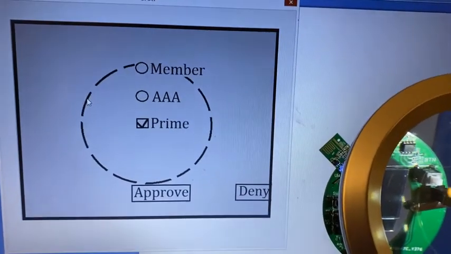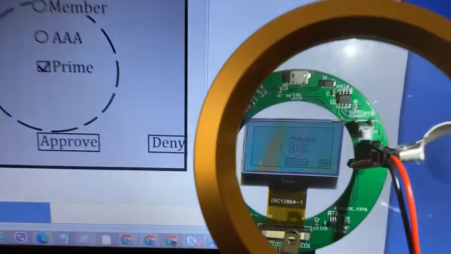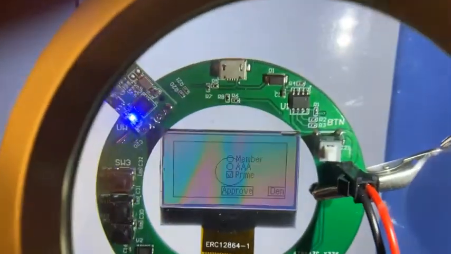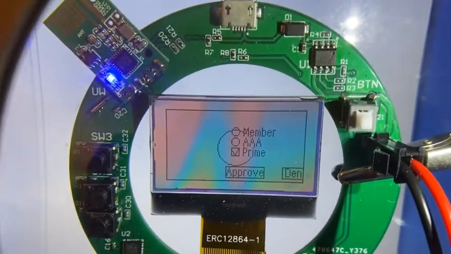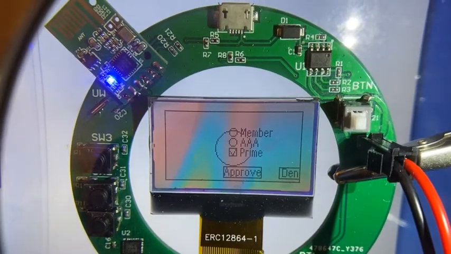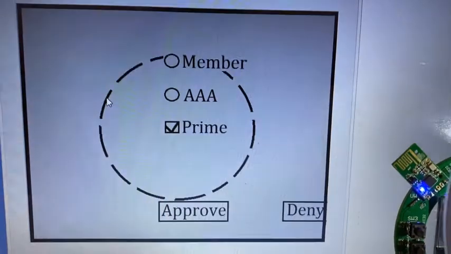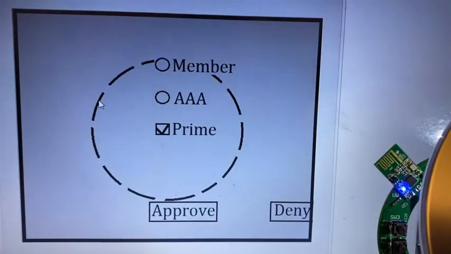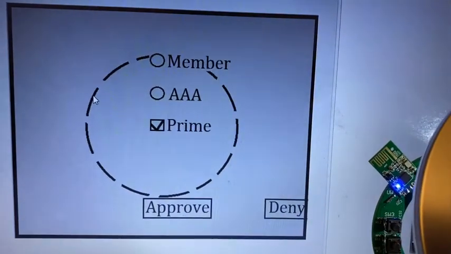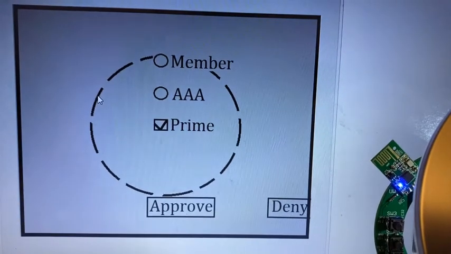Now, assuming that the user is done making the selection, let's look at what's on the embedded display. It's exactly that. The prime checkbox is in the middle of the embedded display. The user at the moment is happy with his selection and wants to press the approve button.